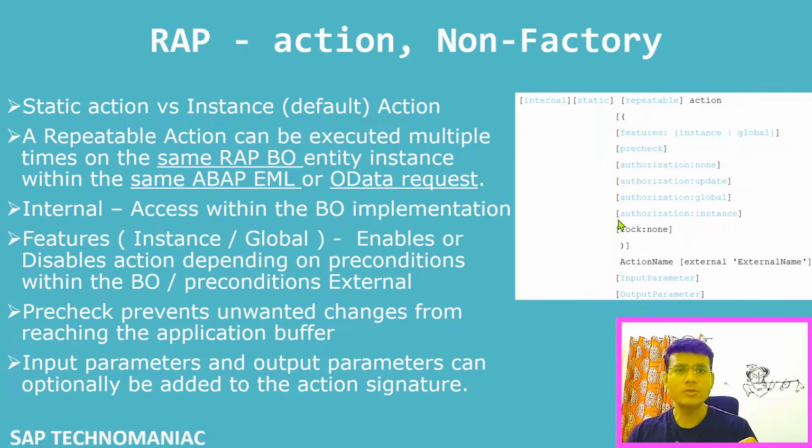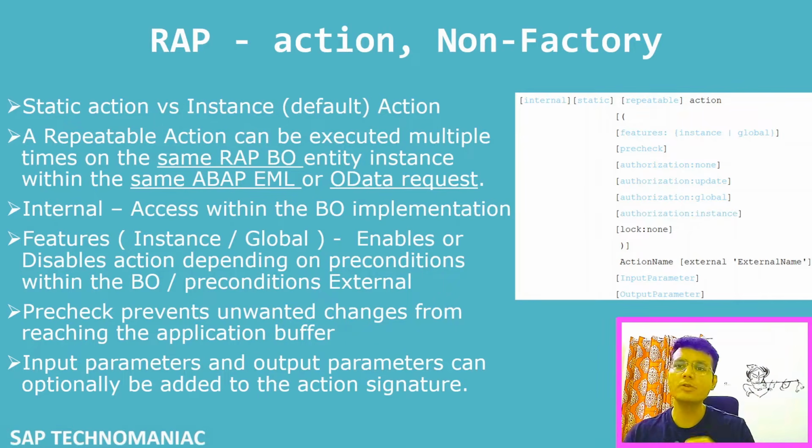There is something called lock none. Lock none is used whenever I am performing this particular action and I don't want to lock that particular business object entity. What is the real-time use case? For example, in factory actions, not in non-factory actions, whenever I am creating new instances based on existing instances, I don't want to lock the existing instances.